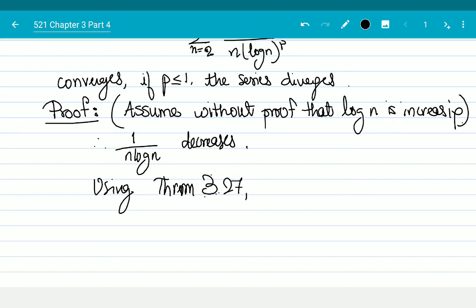3.27. We get summation k is equal to 0 to infinity 2 to k, 1 over 2 to the k log 2 to the k, all to the power p.